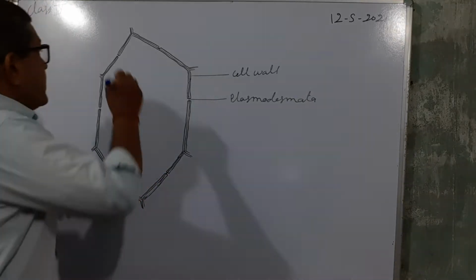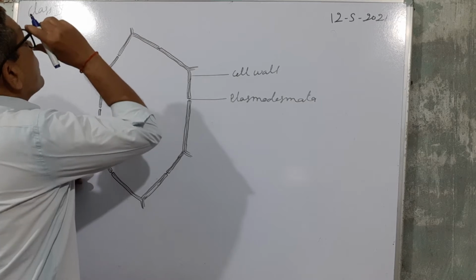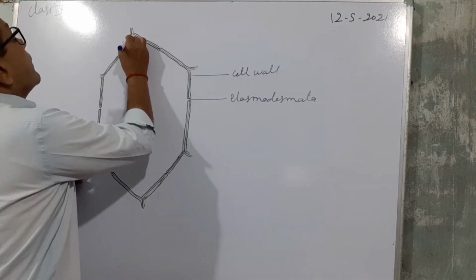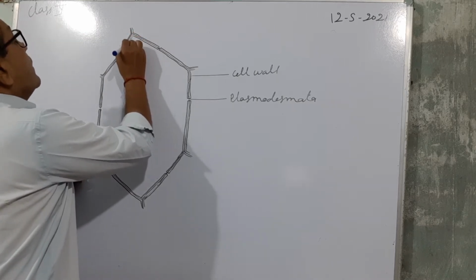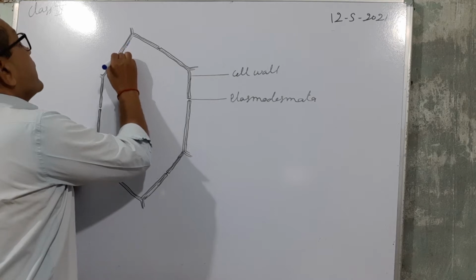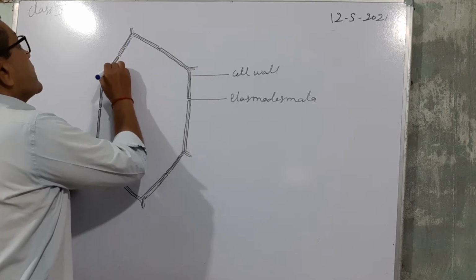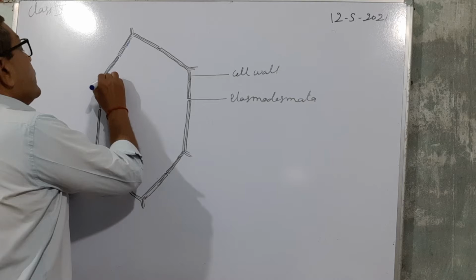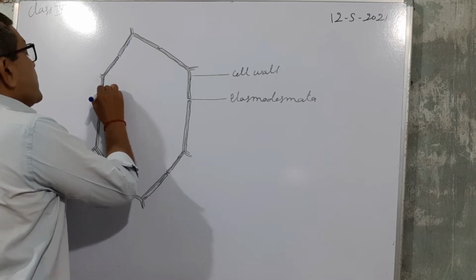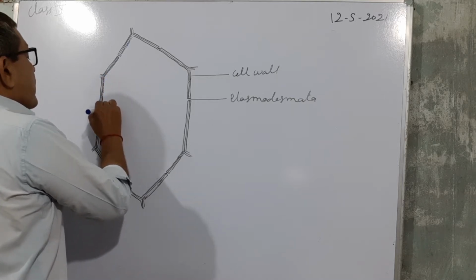After the cell wall, there is another layer, just after the cell wall: the plasma membrane. This is the plasma membrane, which is found just below the cell wall.